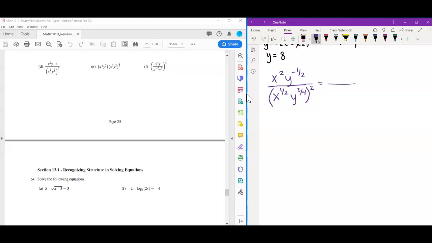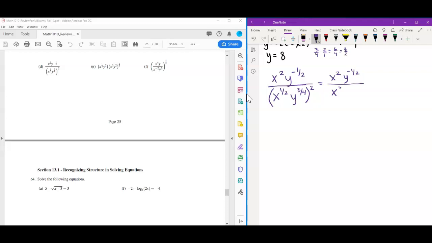So let's just leave the top the same, x squared y to the negative 1/2. If I multiply 1/2 times 2, that gives me 1, so x to the first power. And when I do 3/4 times 2, that's 6/4, which reduces to 3/2.